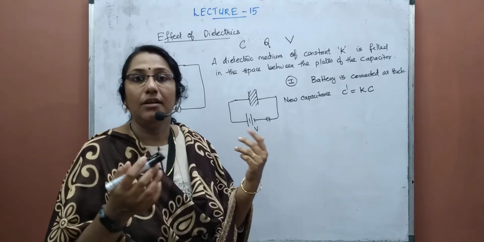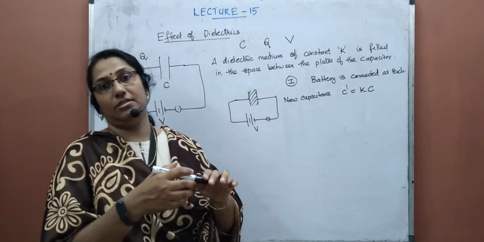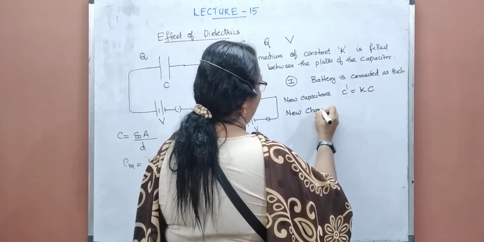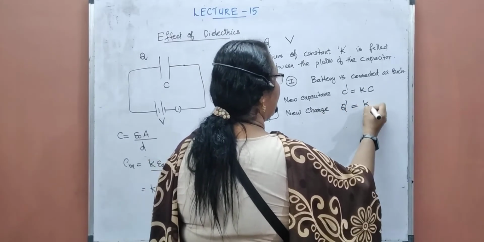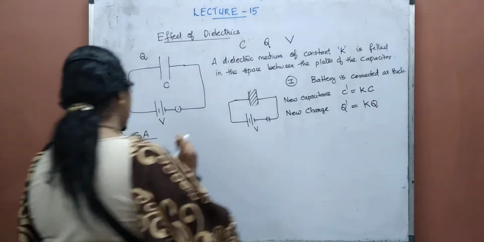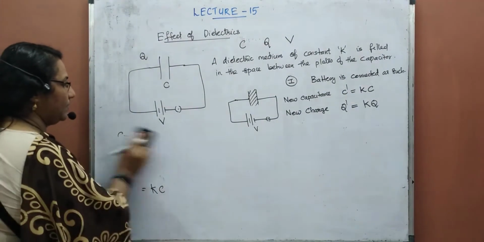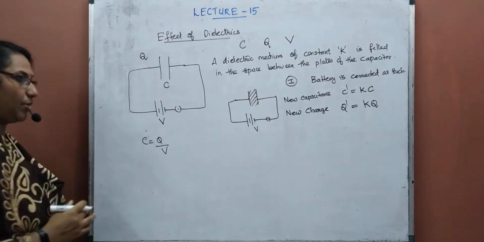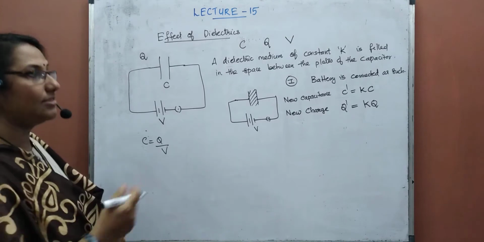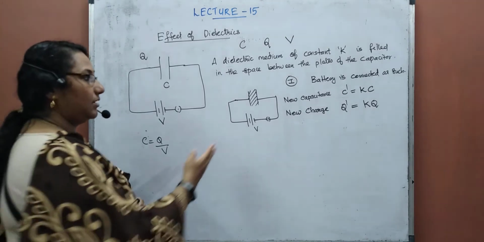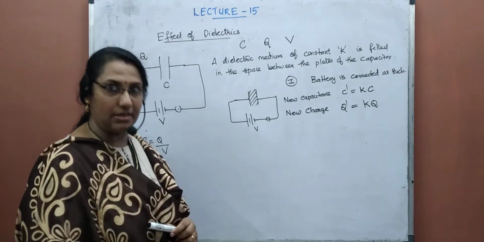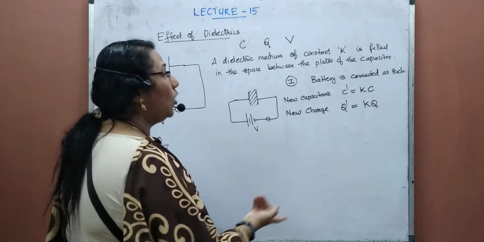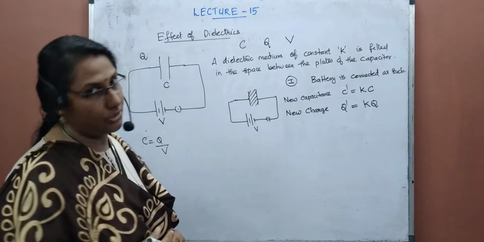So it further stores charge. So the new charge Q dash is equal to K times Q. C is equal to Q by V, so C is directly proportional to Q. As capacitance increases, the external agent is connected as such and is continuously doing work. As a result, more and more charge will be stored. How much? K times the initial Q will be stored.